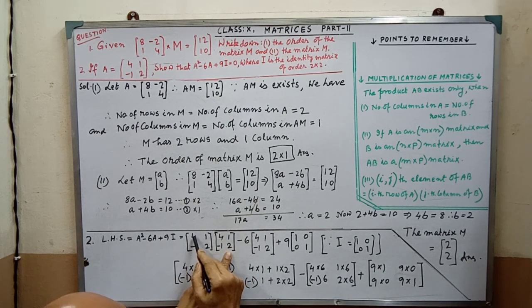This column we have to multiply by 1. That is 4 into 1, minus 1 into 1. This column multiply by 2. That is 1 into 2 and 2 into 2. I think it is clear.